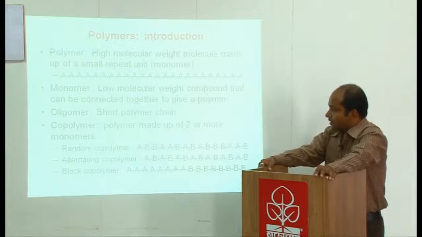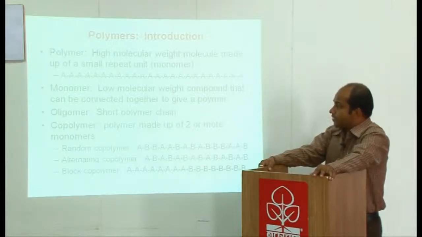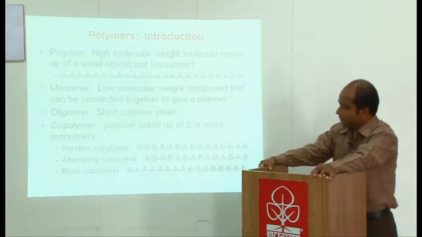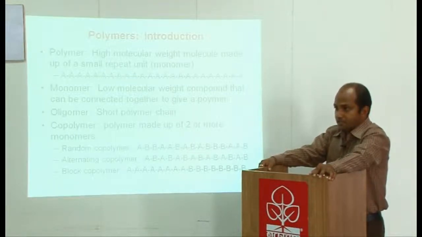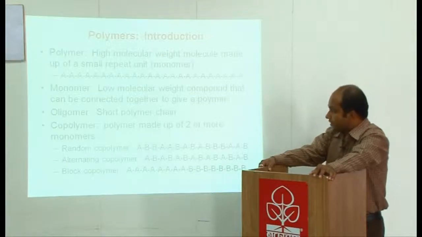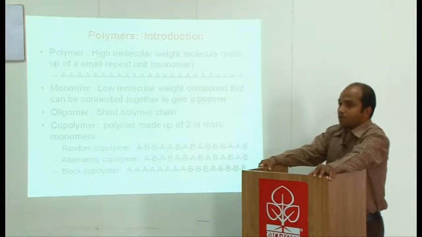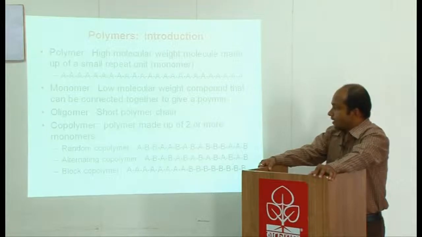Here A is a monomer and the other monomer is B. In a random copolymer, if you have a single unit of A, not necessarily will the next be B. There may be more than one unit of B, or more than one unit of A, and this pattern may go on randomly.